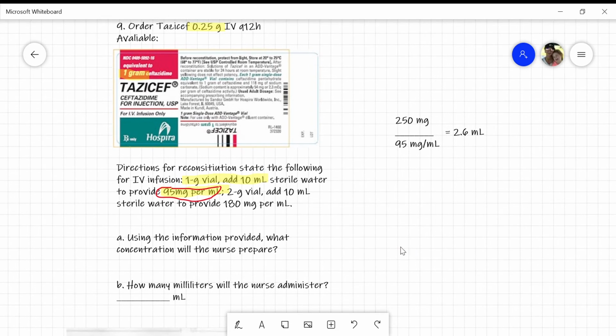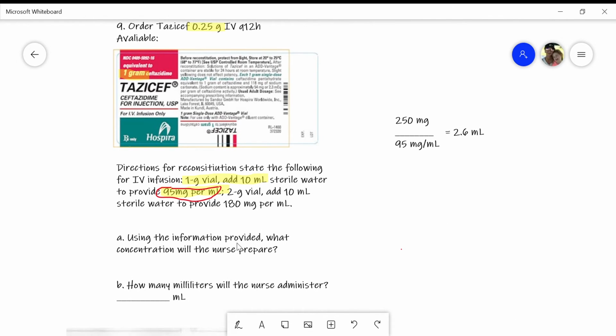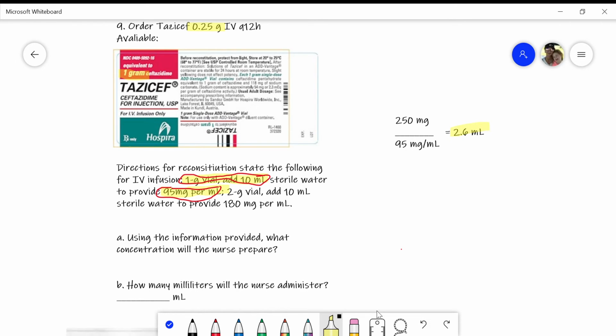And so for part A, using the information provided, what concentration will the nurse prepare? Well, your available is the 1 gram, so you are going to prepare the 1 gram vial to give you the 95 milligrams a milliliter. And then we've already done our math, so we are going to dose 2.6 milliliters for that one.